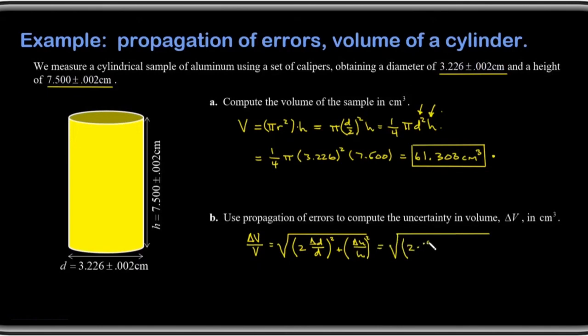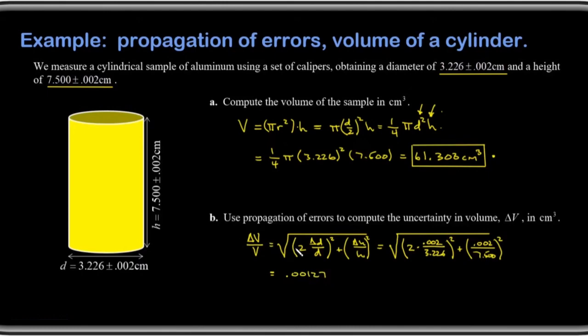Our uncertainty in the diameter was 0.002, the diameter itself, 3.226, the uncertainty in the height, 0.002, the height itself, 7.500, and I get 0.00127.